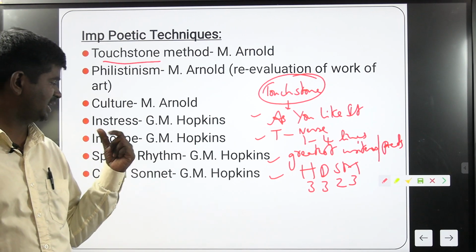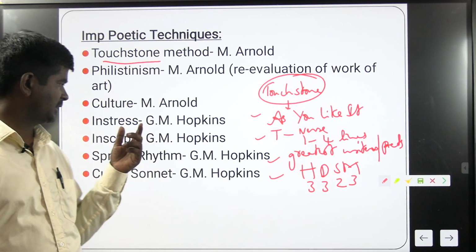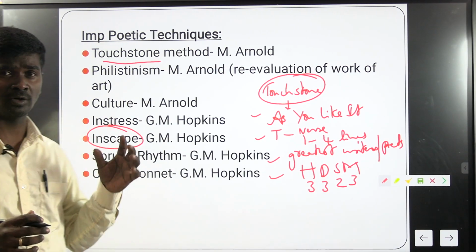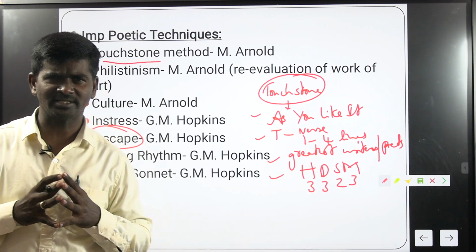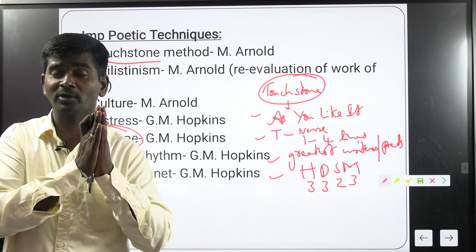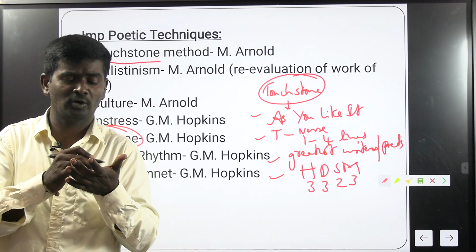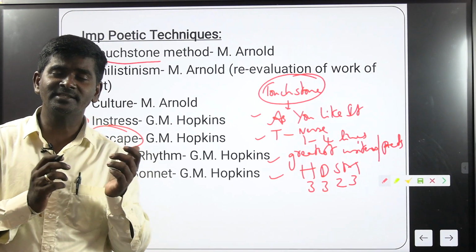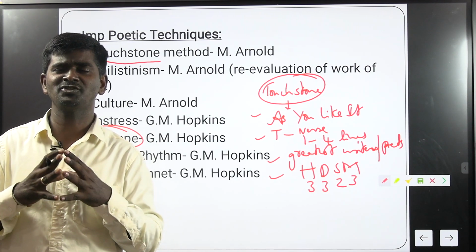Next, Instress, Inscape, Sprung Rhythm and Curtal Sonnet. So, Inscape, I will tell you this definition. G.M. Hopkins, as you know, gave a lot of priority to God, like George Herbert. George Herbert was a devotional poet who gave a lot of priority to God Almighty, Jesus, and wrote a lot of poetry in praise of the Lord Almighty. What does inscape mean?